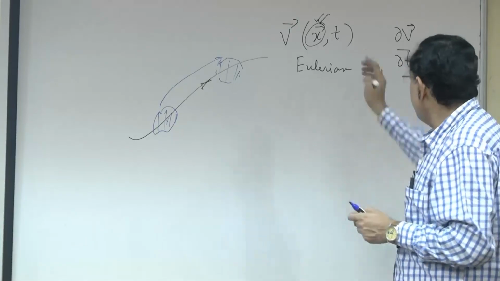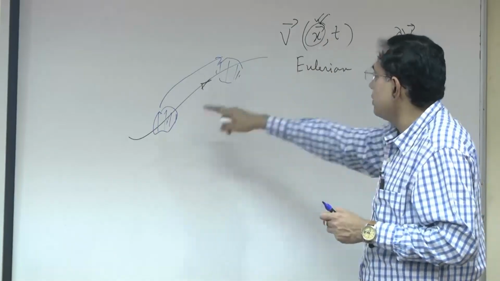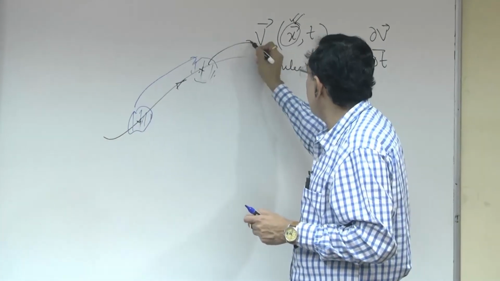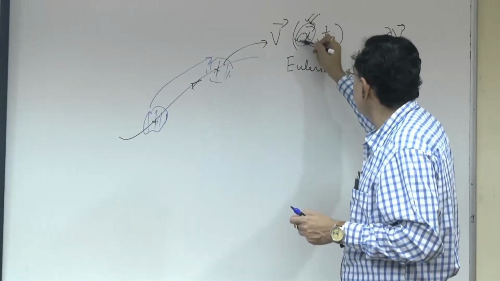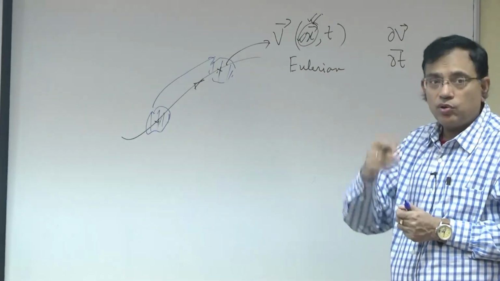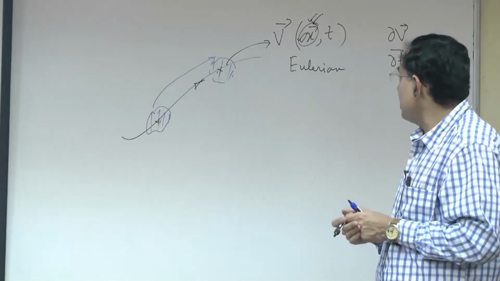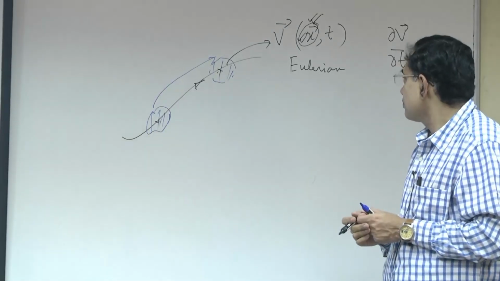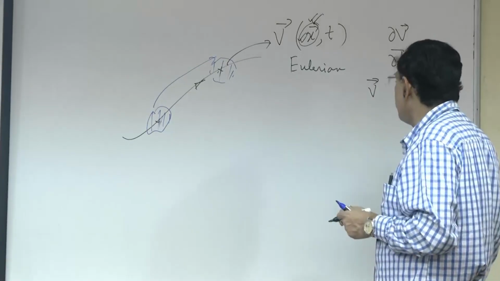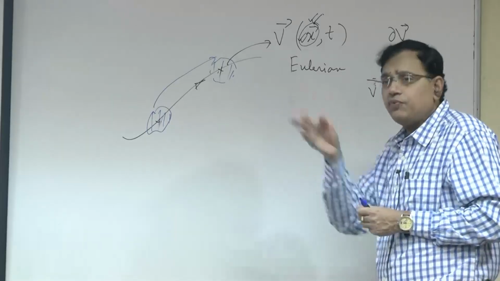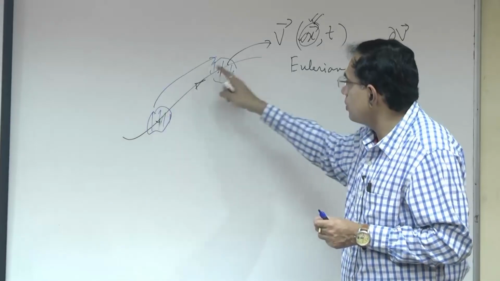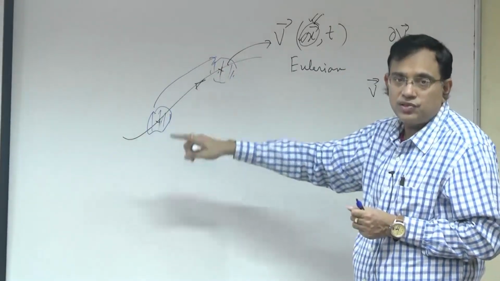But even if it does not change at this location with time, it goes to a new place, and at that new place you will have a new velocity, because your x has changed and even time has also changed. So, both x and time have changed. In that way, you have a velocity component which, even if the time was fixed, at the same time you would have two different velocities, because you have the change in position.